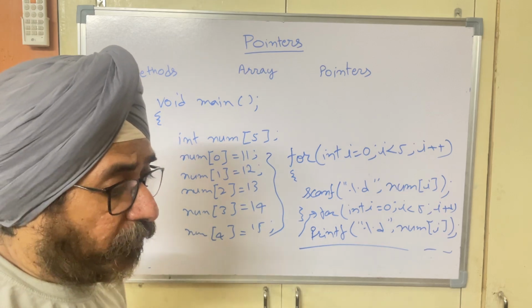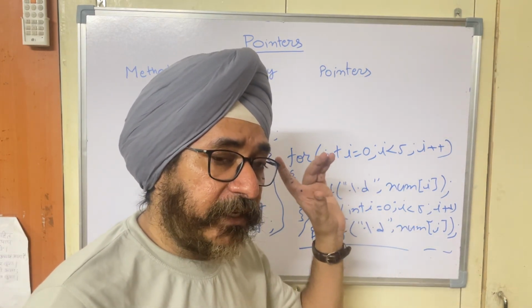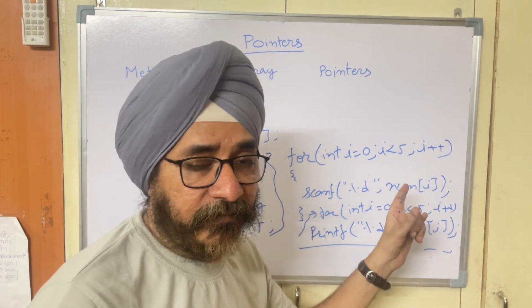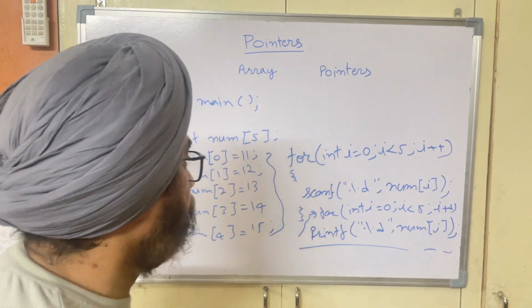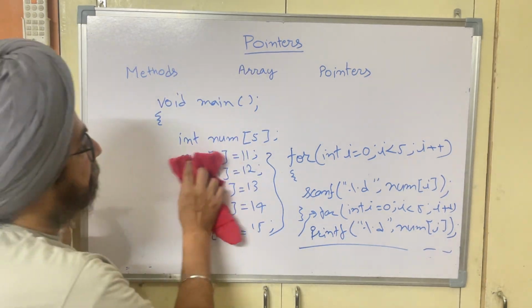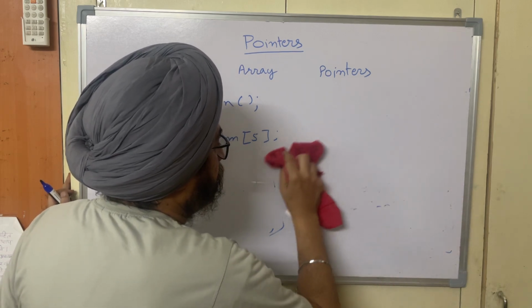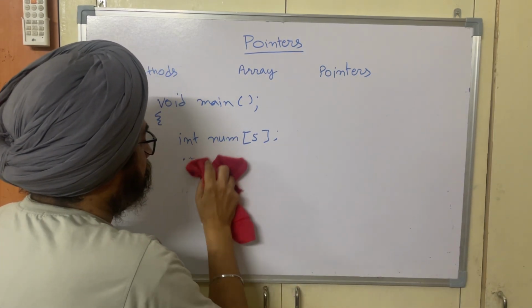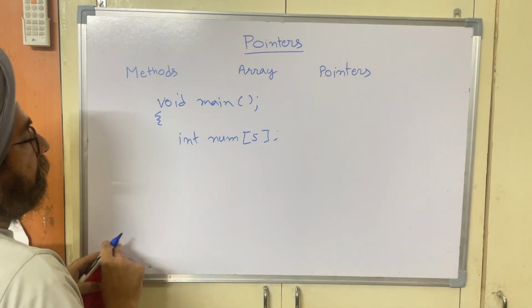There is one more important thing: how we use the array in a method. Firstly, I discussed the method, and now how we use the array inside the method. So let us see an example, which is also very important.